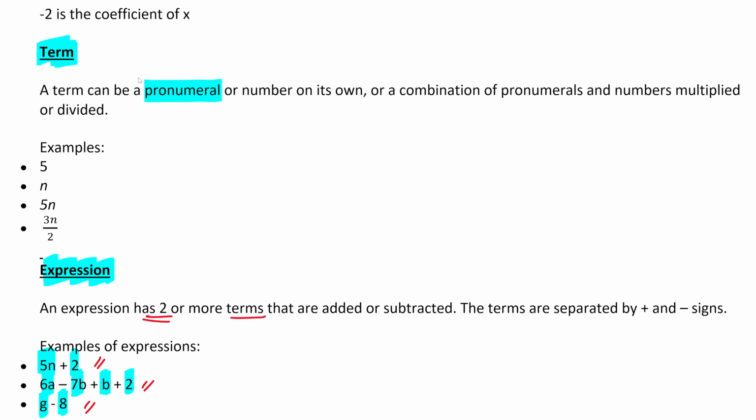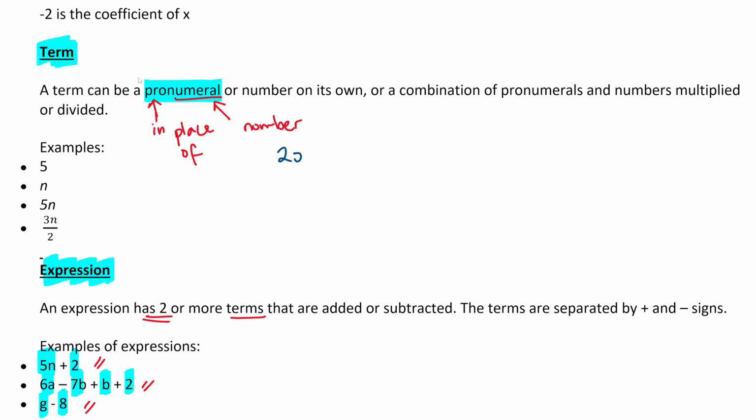Pro means in place of, and the word numeral, I think you all know what that means. That's number. So a pronumeral is something that is in place of a number, and we use letters to represent numbers.